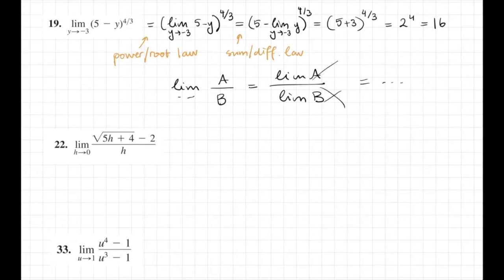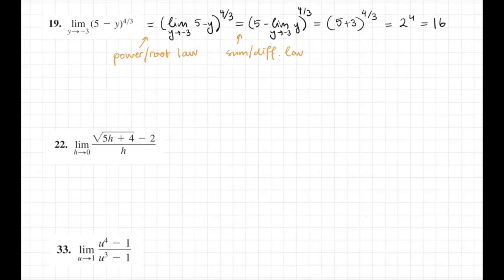Maybe your answer is also right, but in the worst case scenario, here we have 0 over 0, which is not allowed because you are using the quotient law, and in the quotient law, you cannot have 0 or infinities. So when you're using limit laws, just be careful. If you write something like that, probably you will get no points from that part.